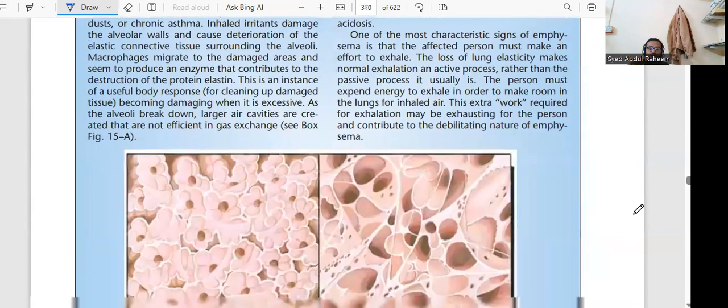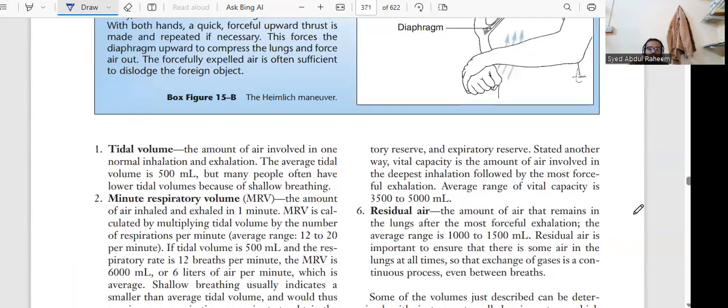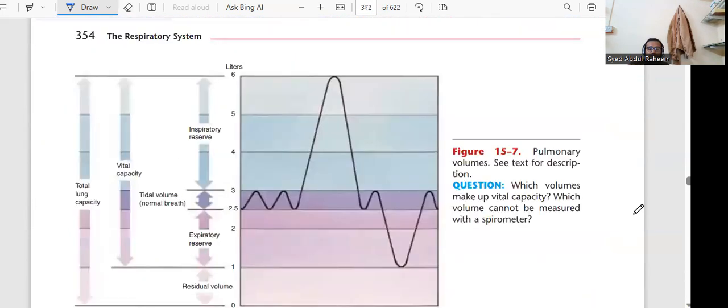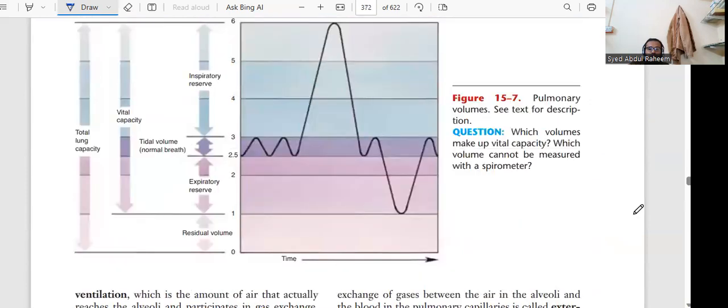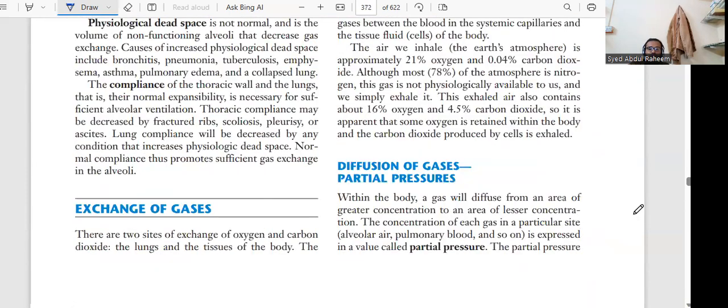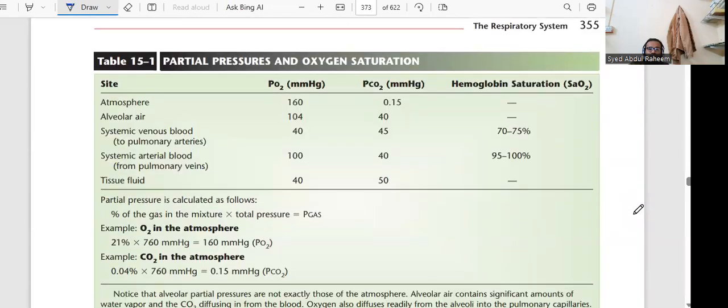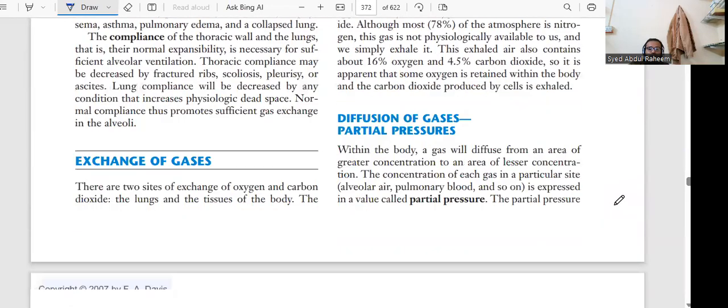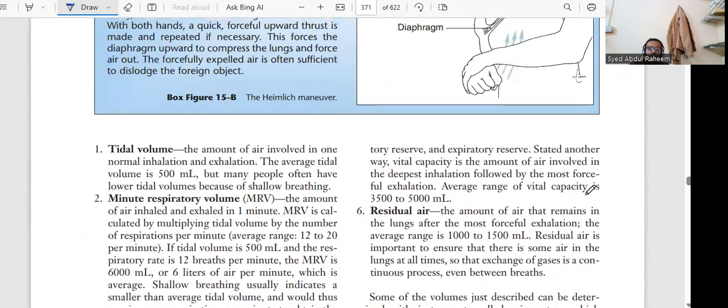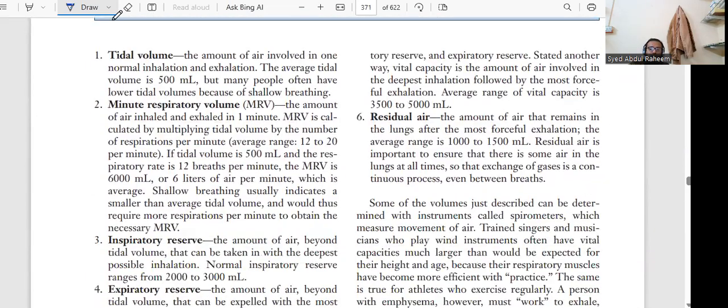So here we have the lung volumes. Basically, one is named tidal volume. You have to remember all these names, very, very important. What is tidal volume? The amount of air involved in one normal inhalation and exhalation.